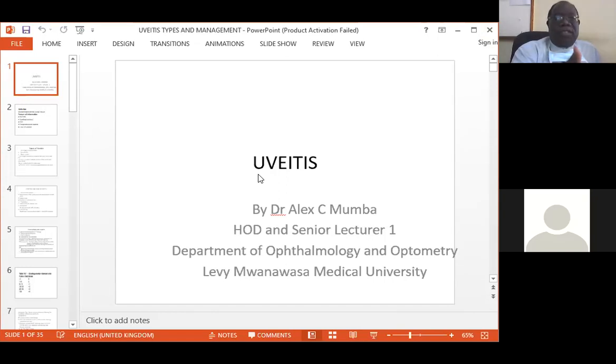The outer coat is the sclera. The middle coat is the uveal tissue, and the inner coat is the retina. So inflammation of the uveal tissue, the middle coat, is what is referred to as uveitis.